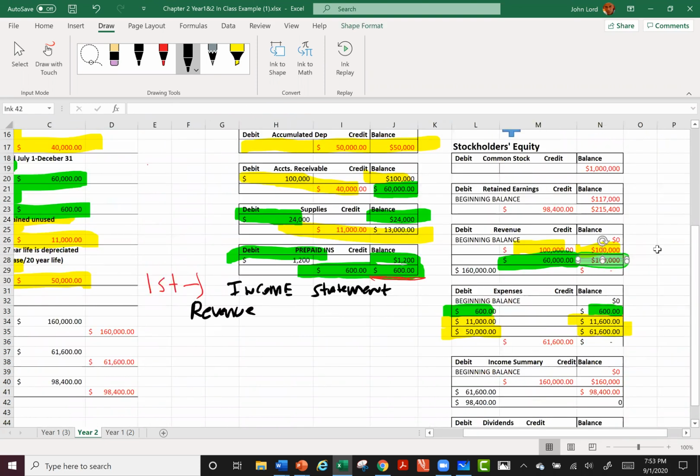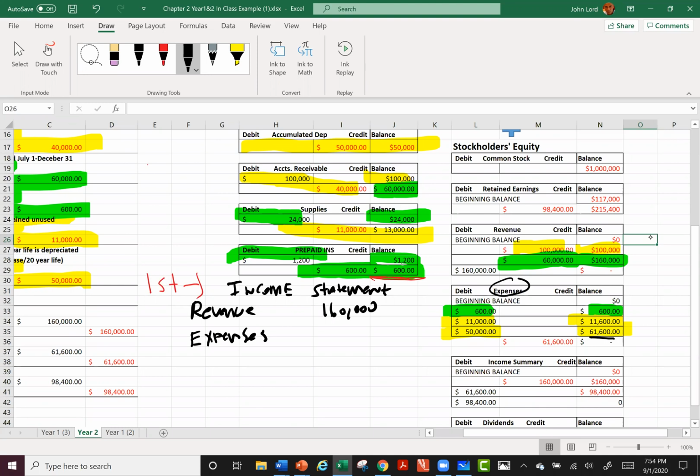Yep. We got what, 160,000 this year? Keep track of our revenue by year, right? Last year it was what, 200,000? This year it's 160,000. Okay. Do we have any expenses? Yes. 61.6.